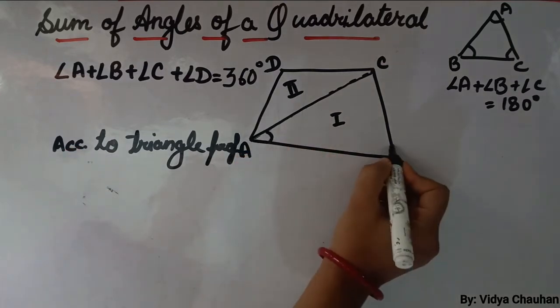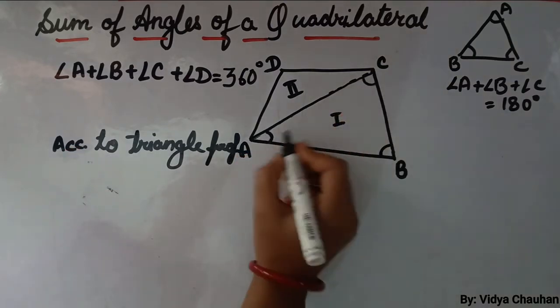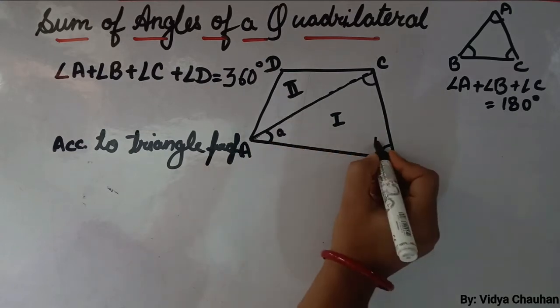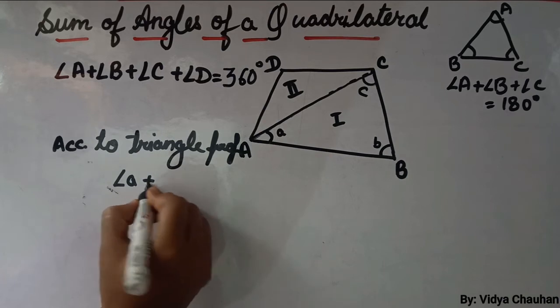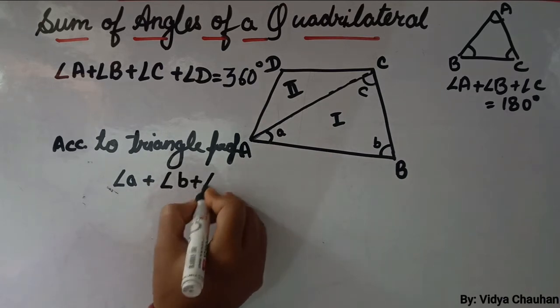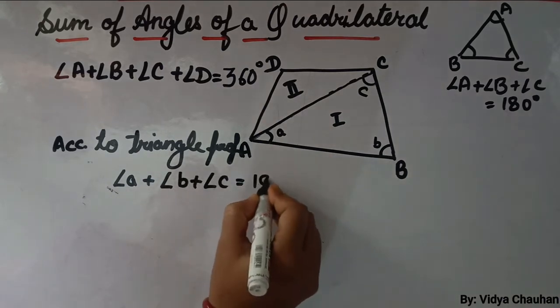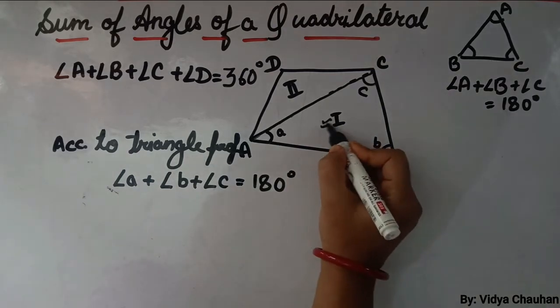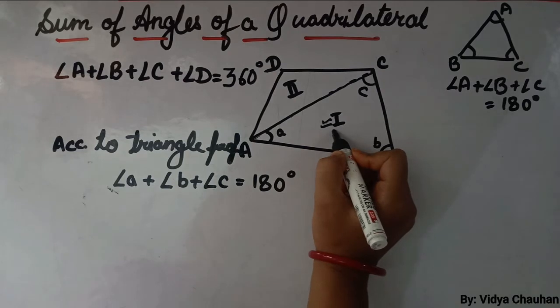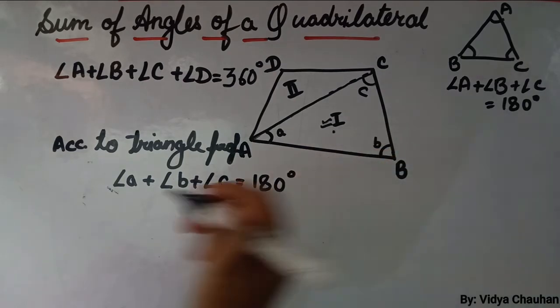I am writing the sum of these three angles. Let us suppose the angles are A, B and C. So what is the sum of these three angles? Angle A plus angle B plus angle C is equal to 180 degrees. That means the sum of the three angles of this first triangle is 180 degrees.